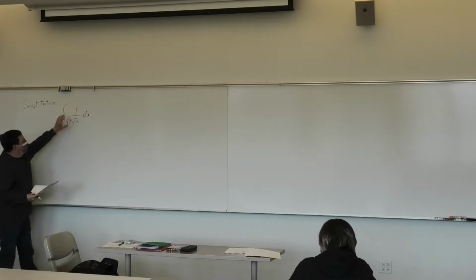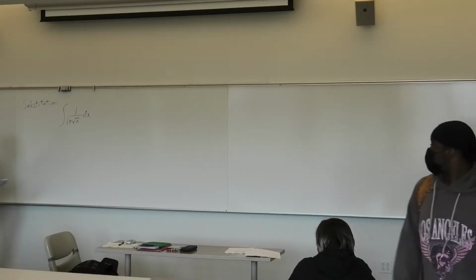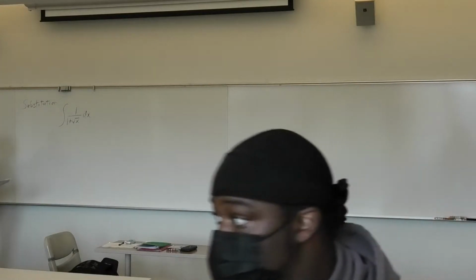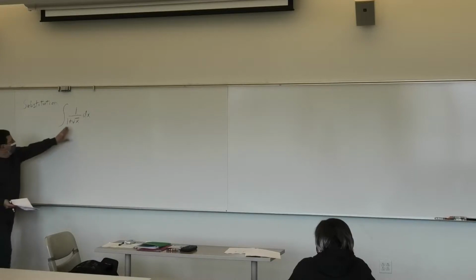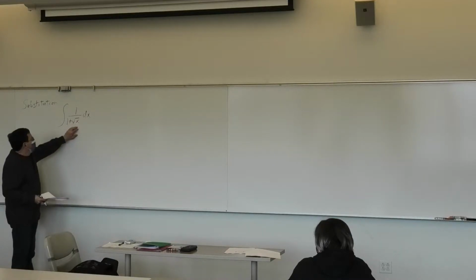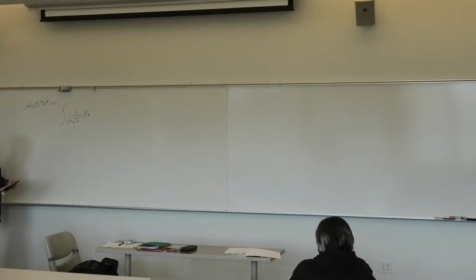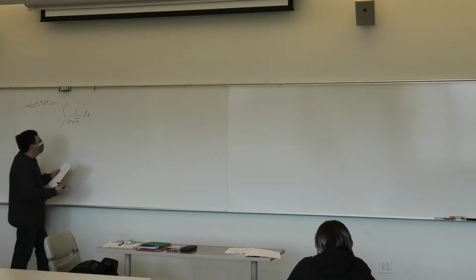Of course, this function doesn't look like anything we know the antiderivative of. But we just get an intuition: how can we make this simpler? I mean, obviously, the square root's going to stand out. So how might we eliminate that?